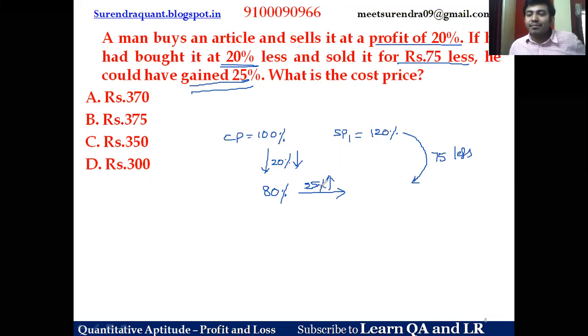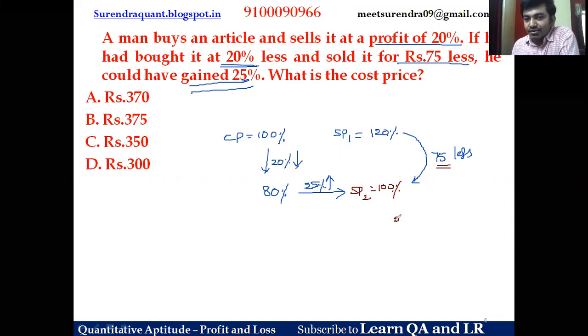These changes are done on the new values, on the new cost price. The new cost price is 80, with 25% profit. So 25% means 1/4. What is 1/4 of 80? 20. If the profit is 20, what is the selling price? 80 plus 20, 100%. So friends, the difference in SP in terms of percentage is 20%, and in numerical terms the difference is 75 rupees.